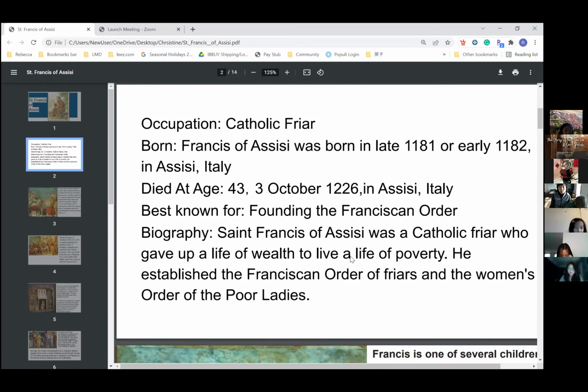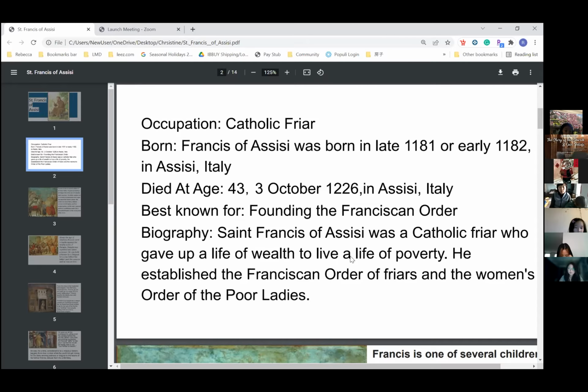Francis was one of several children of his Italian father. He grew up leading a privileged life as the son of a wealthy cloth merchant.